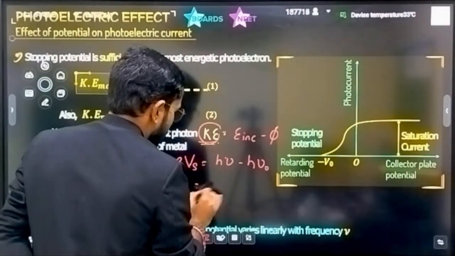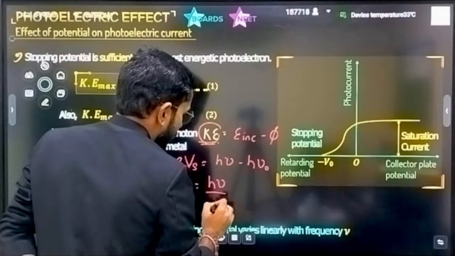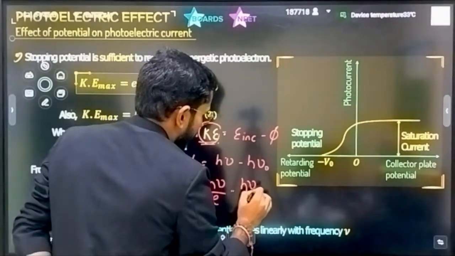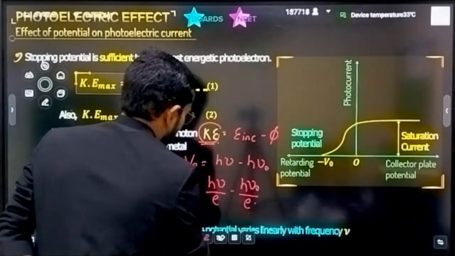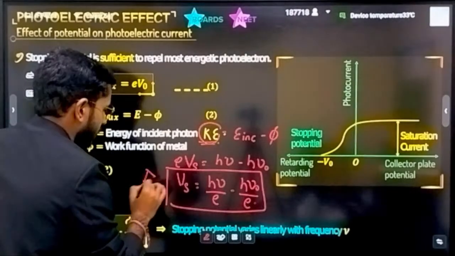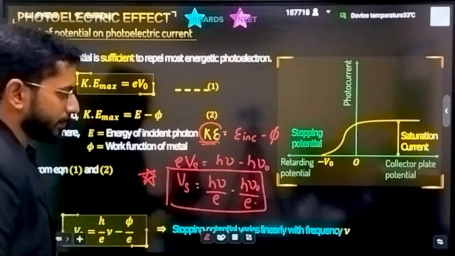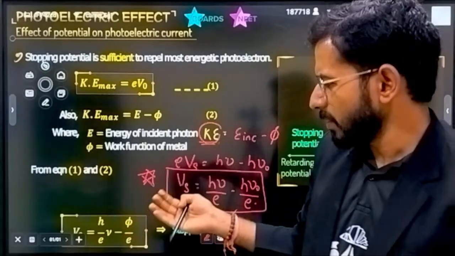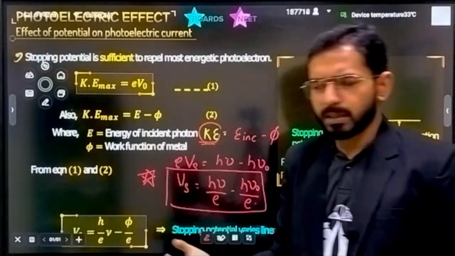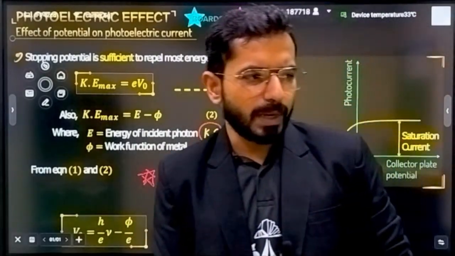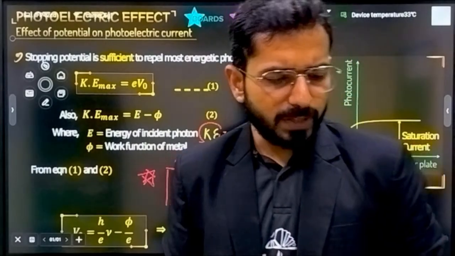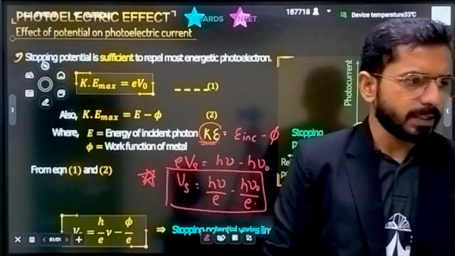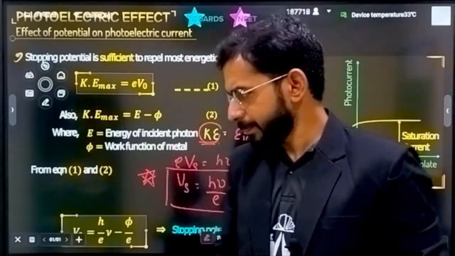That means the stopping potential will be equal to h mu by E minus h mu naught divided by E. This is what I will be writing for the stopping potential. Now it depends on the question. If it is given in terms of lambda, you know how to manage that. In place of frequency, you will write the wavelength. Correct?